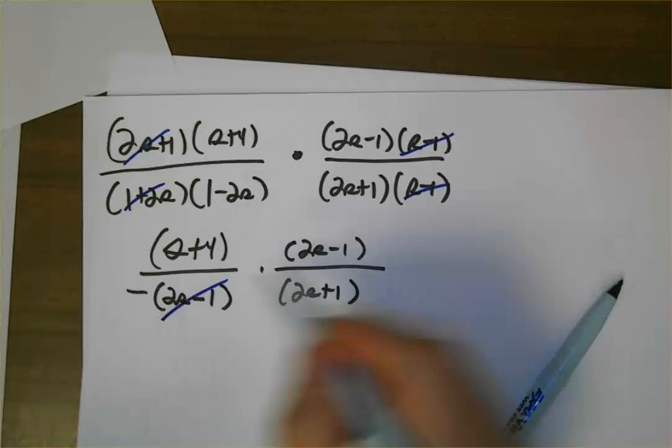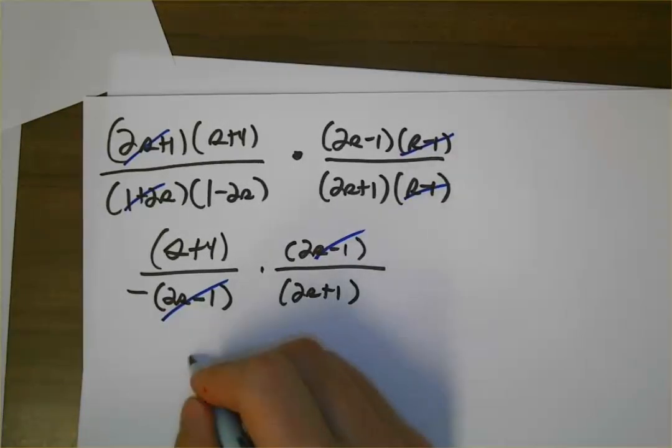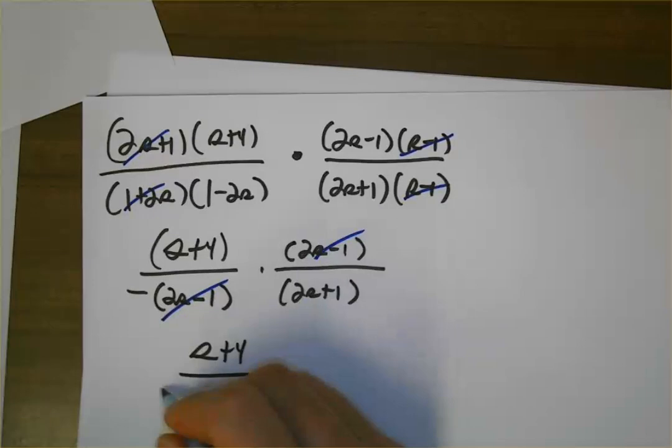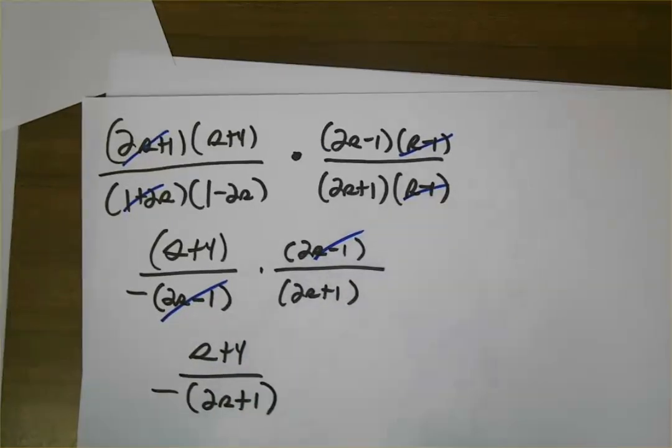Now these guys cancel. And what are you left with? s plus 4 over negative 2s plus 1. Pretty cool. Okay, I'm going to end the video there, and part 2 will be adding and subtracting fractions.